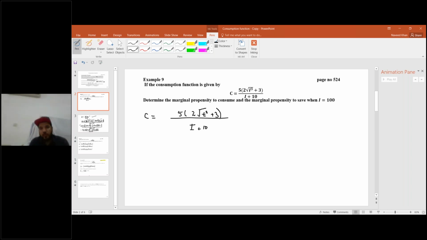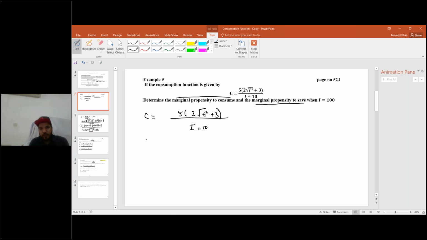This is a very important question. All of you need to understand it. Here again, we will find out the marginal propensity to consume and the marginal propensity to save.